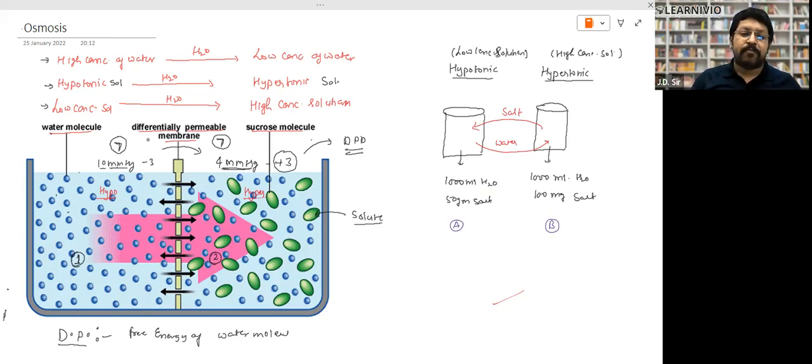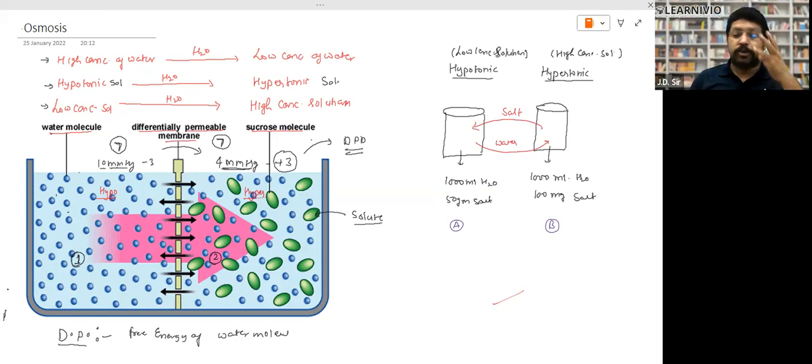So we can say movement of water from high concentration of water to low concentration of water is called osmosis. Movement of water from hypotonic solution to hypertonic solution through a semi-permeable membrane is called osmosis. Or movement of water from low concentrated solution to high concentrated solution is called osmosis.